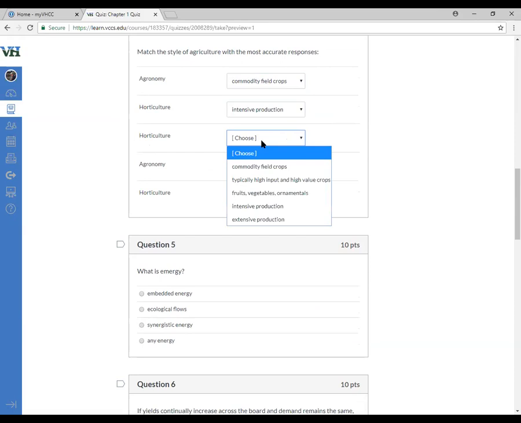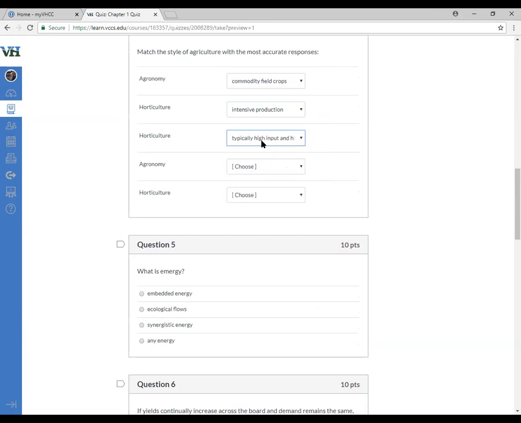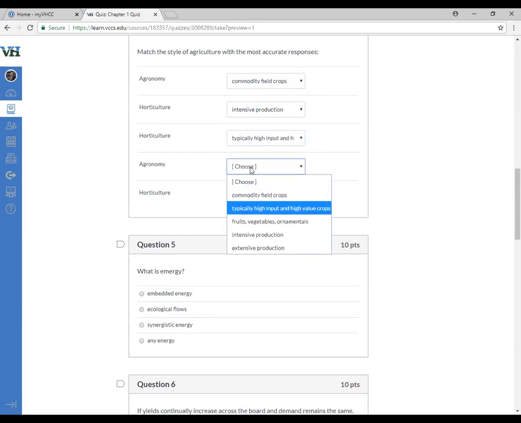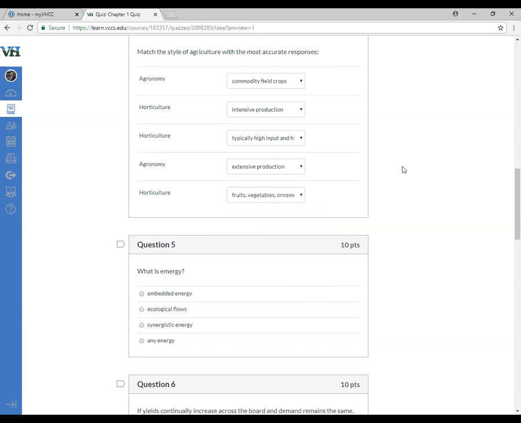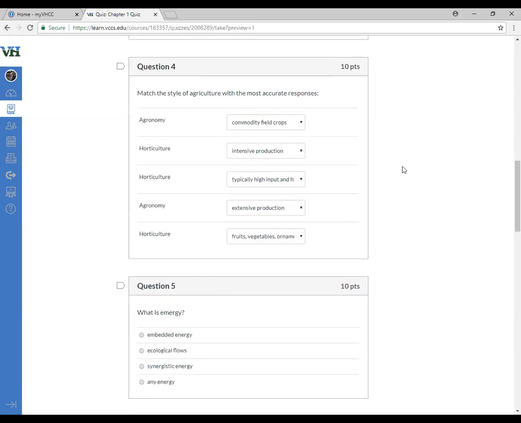Horticulture is high input and high value crops. Agronomy is extensive production. Generally, horticulture is fruits, vegetables, and ornamentals. So I think I gave some fudge points there. The big difference between horticulture and agronomy is extensive versus intensive production.